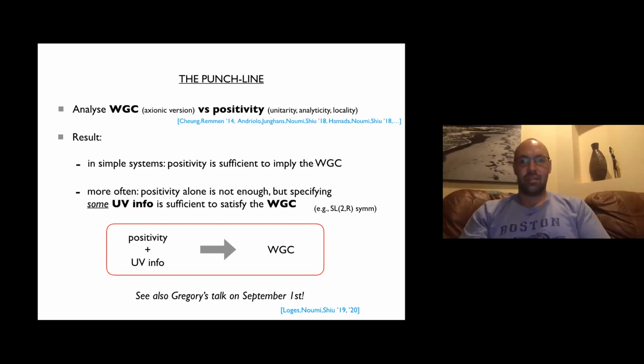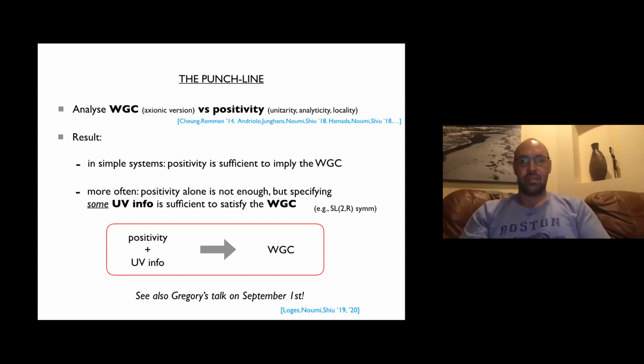We do it by imposing an SL(2,R) symmetry, but we don't exclude that there can be other ways to demonstrate the weak gravity conjecture. So the takeaway is that positivity plus some other ultraviolet information can be useful to demonstrate the weak gravity conjecture.